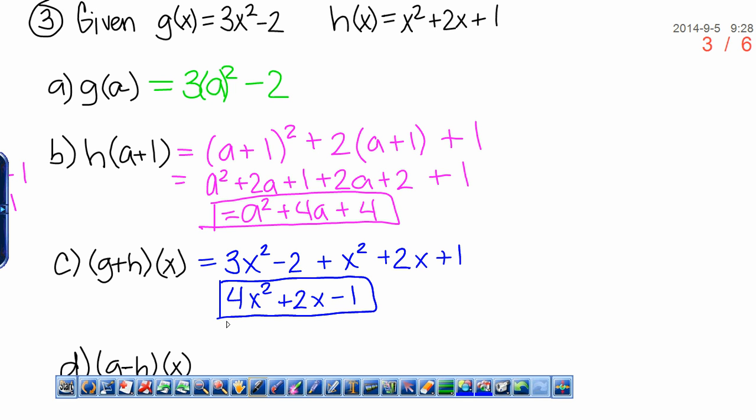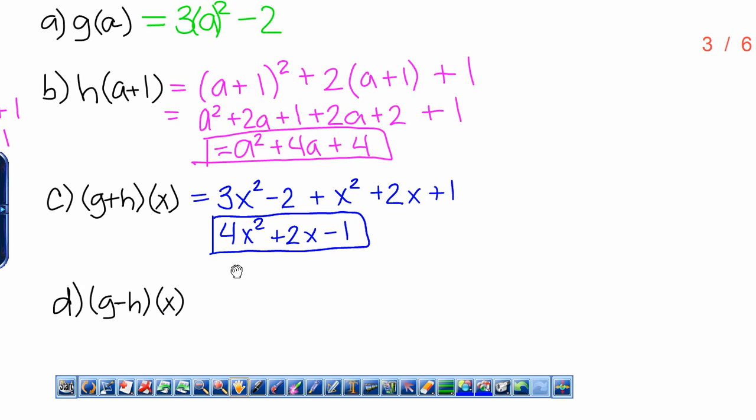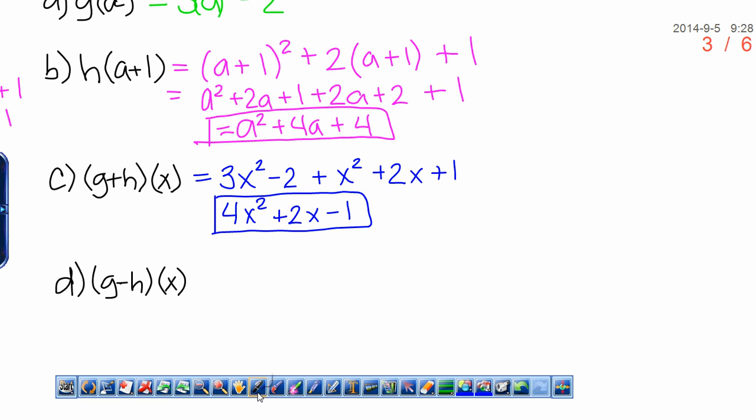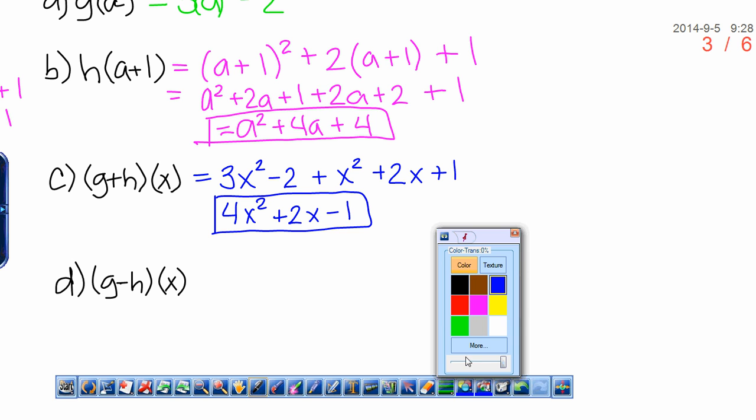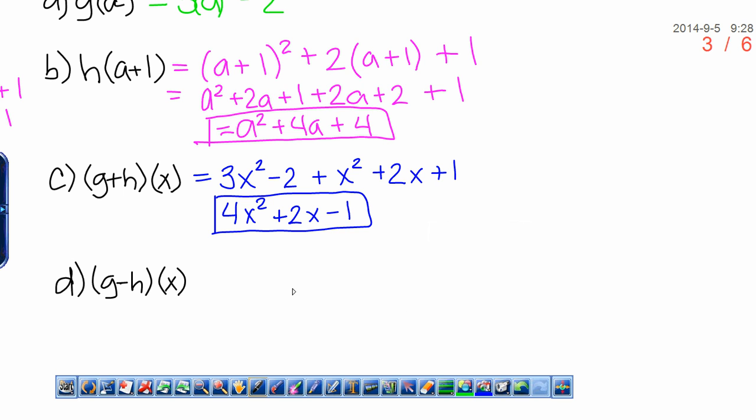All right. g minus h of x. What are we going to do there? Good. And what's really important that we remember? Parentheses, right? You've got to subtract the whole h of x function, so you have to put it in parentheses. So we would have g of x, which is 3x squared minus 2, minus (x squared plus 2x plus 1).